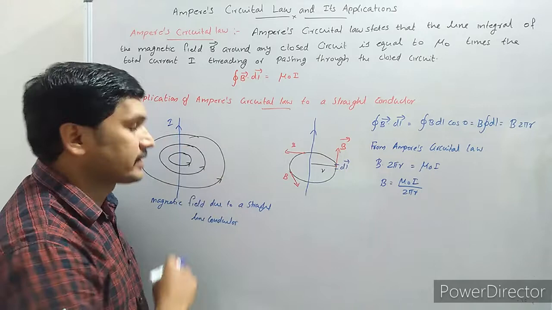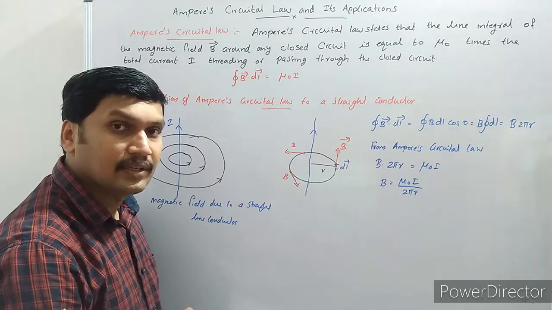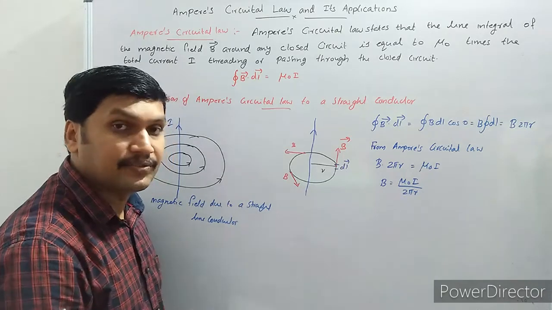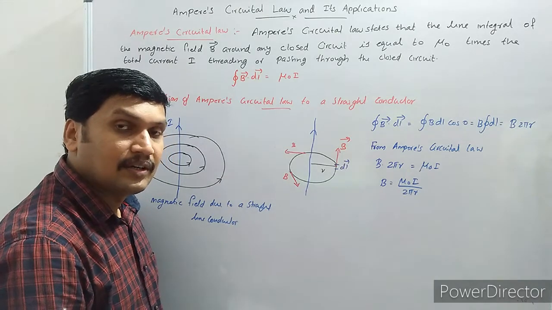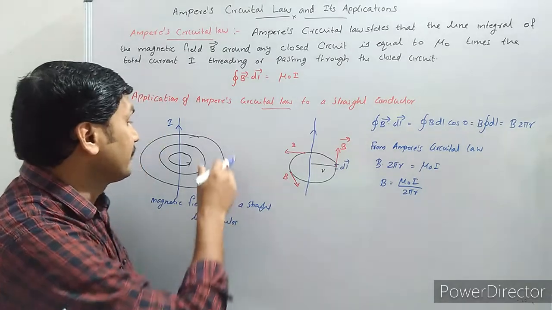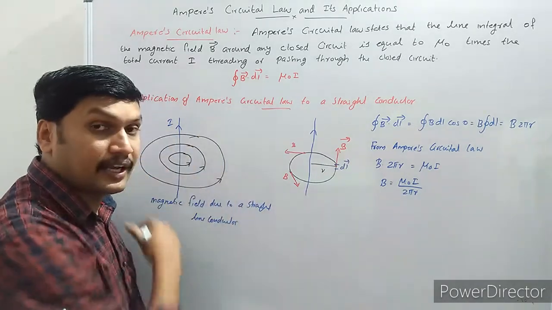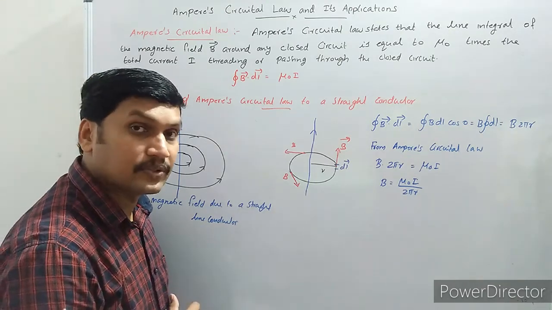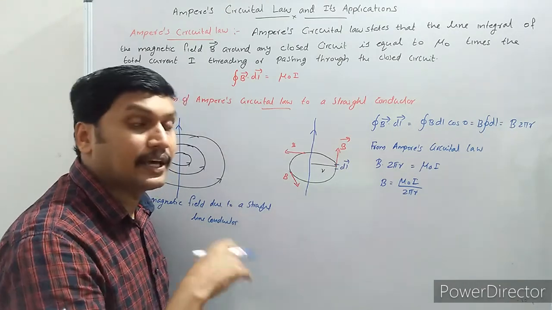Say current I is passing through it. We know that around the straight line conductor there is a magnetic field. When any magnetic substance comes around this conductor, it will experience a magnetic force. So we can say there is a magnetic field around that conductor.